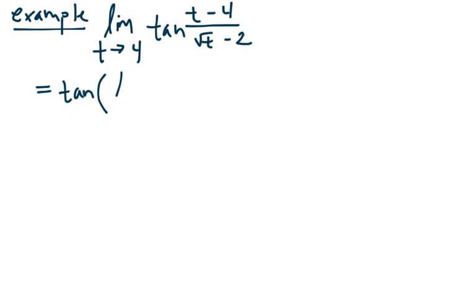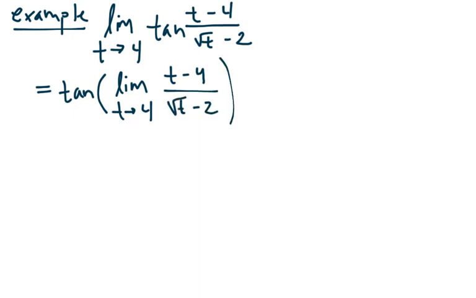So we would have the tangent of the limit as t goes to 4 of t minus 4 over root t minus 2. Okay, now this looks a little tricky, but we can actually factor the numerator into root t minus 2 and root t plus 2. So let me write that out.